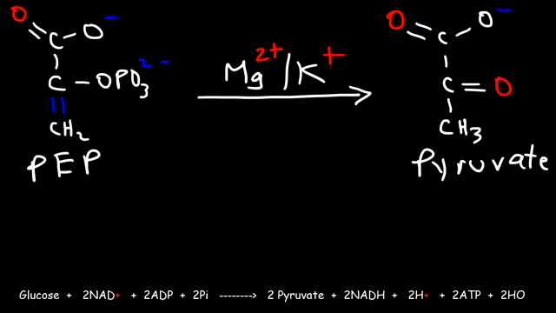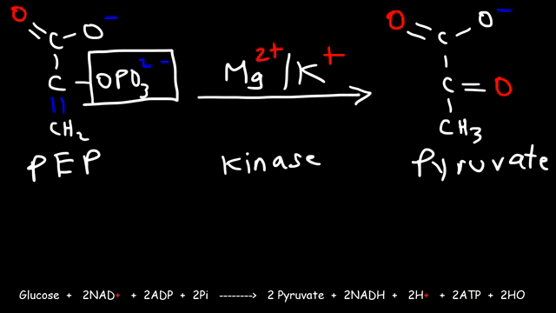So what type of enzyme do we need? Notice that we're losing a phosphate group. So anytime you're dealing with a transfer of phosphate groups, you need the kinase enzyme. This one is going to be called pyruvate kinase. Now, what happened to the phosphate group? Where did it go?